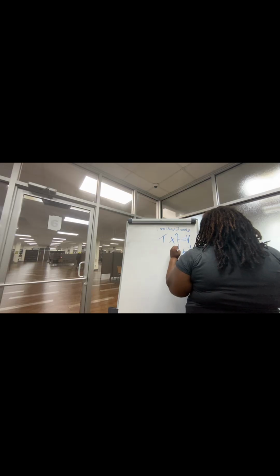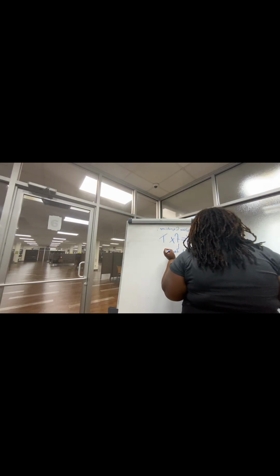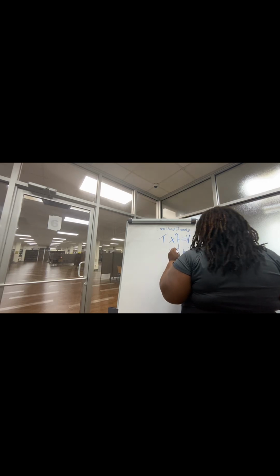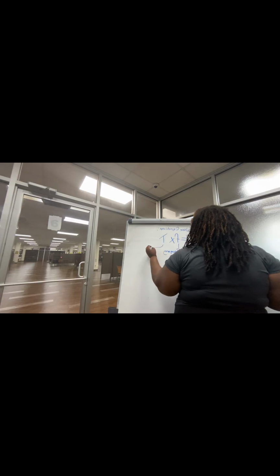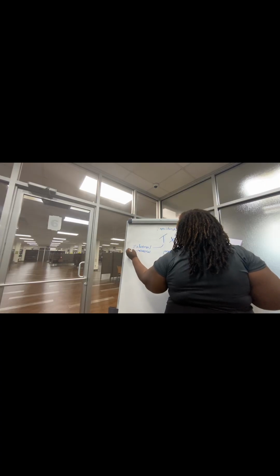F is frequency, so it's how many waves pass the point each second. And lambda is the wavelength.